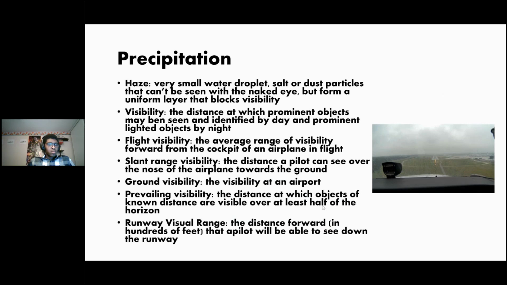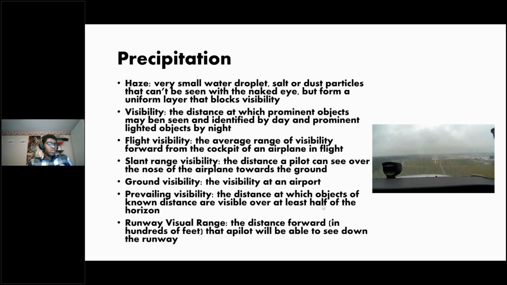And then lastly, we have runway visual range, which is the distance in hundreds of feet that you can see down the runway, right? So sometimes in weather reports, if you have crappy visibility, they'll specifically mention this, right? Because runways at big airports can be over a mile long, right? So sometimes when visibility is under a mile, they'll feel the need to report the runway visual range as well.